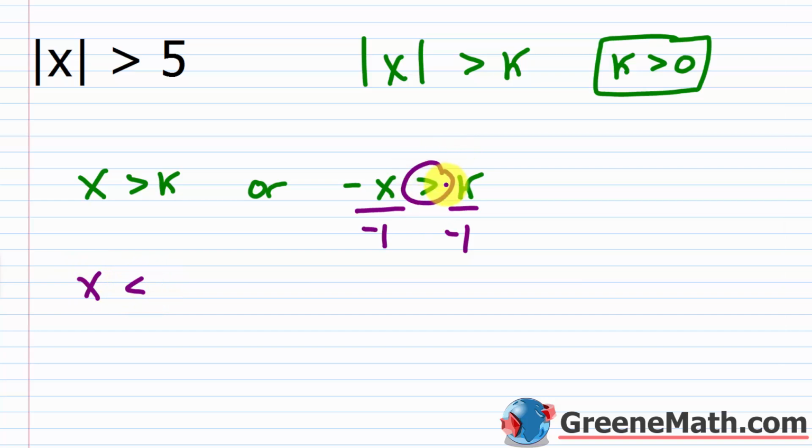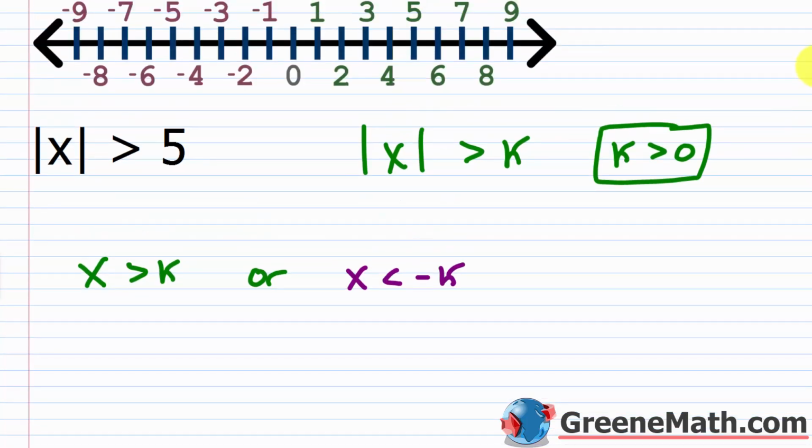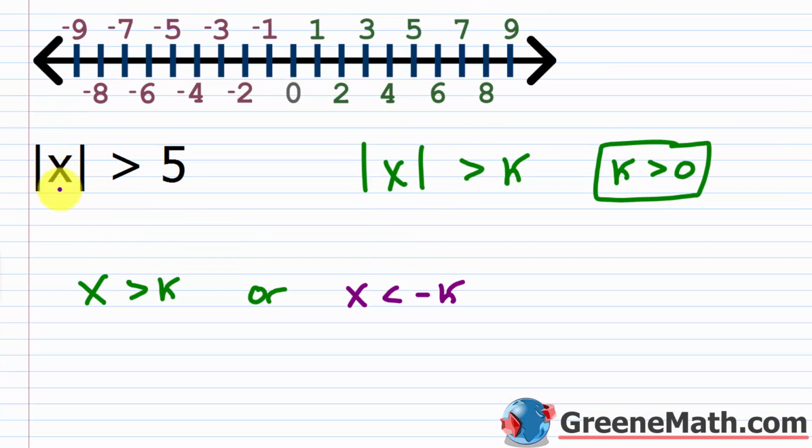Remember, if you divide by a negative, you've got to flip the direction of the inequality symbol. So a greater than becomes a less than. And then k over -1 is just -k. So what we see is that x can be greater than k, or x can be less than -k. Okay, so this is what you're going to see. And again, when we worked with this first example here, where we said that the absolute value of x is greater than 5, we got just this.